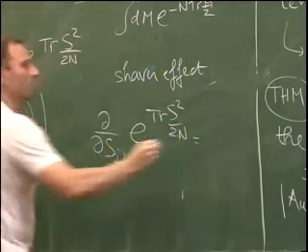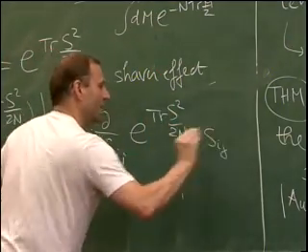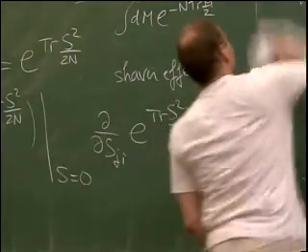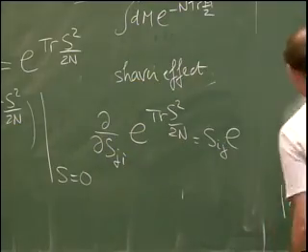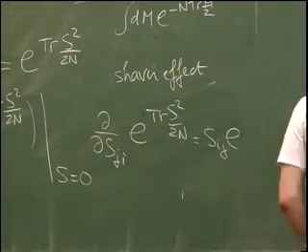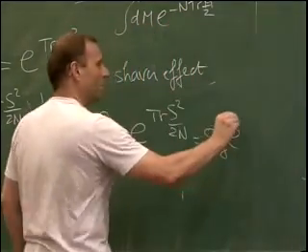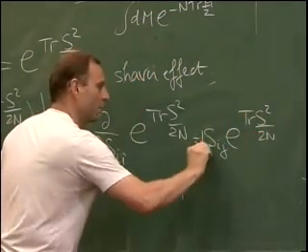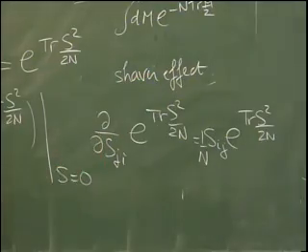So what does it give you? It gives you an Sij exponential trace s squared over 2n, and it has also a 1 over n, right, from just taking the derivative.